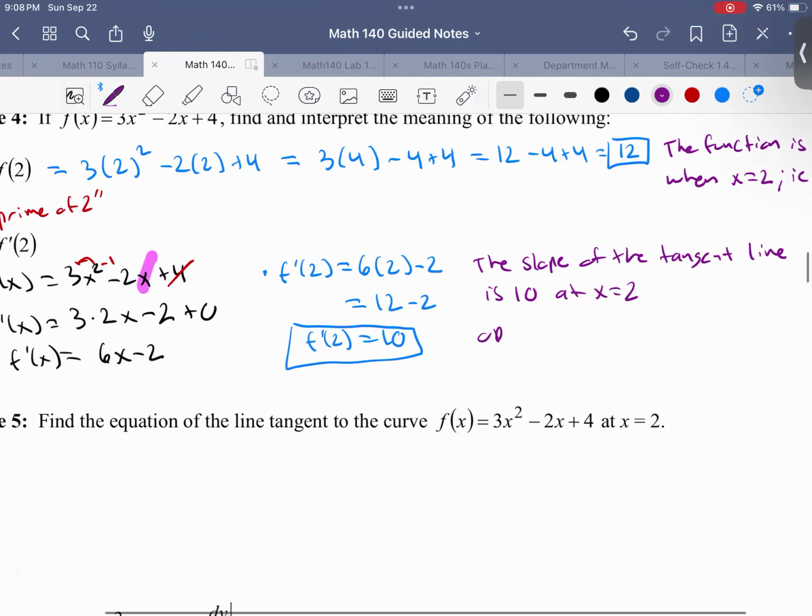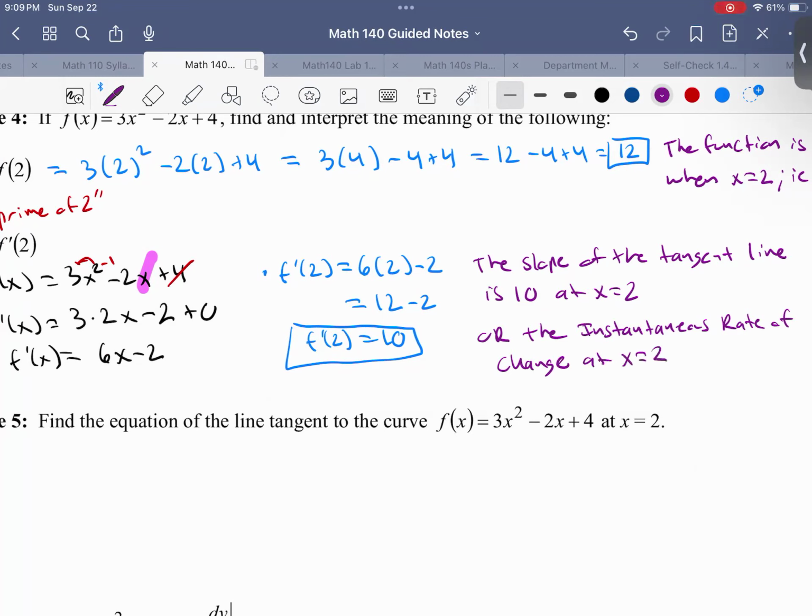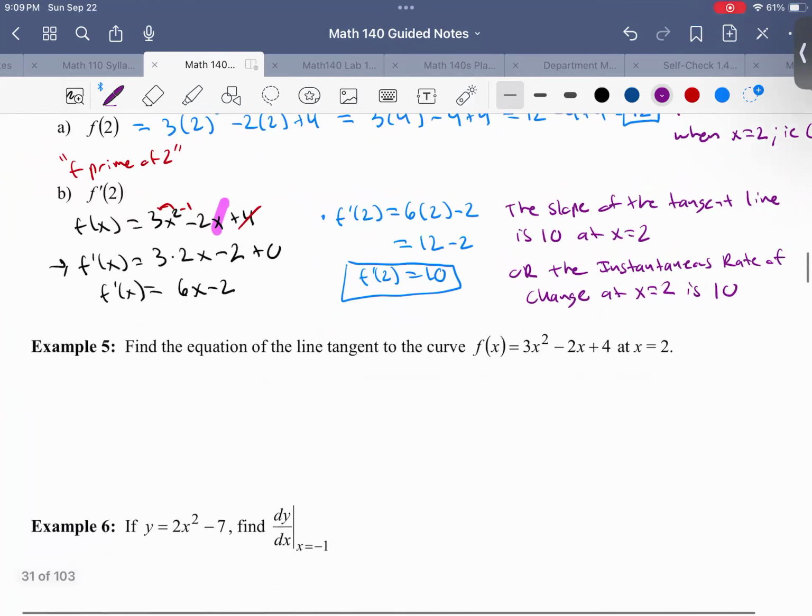Or the instantaneous rate of change at x equals 2 is 10. So we're pretty much saying the same thing all around: it's the slope of the tangent line at x equals 2, the instantaneous rate of change at x equals 2, and that's just going to be 10. All right, so that's how you do that one. And we've got a couple more.